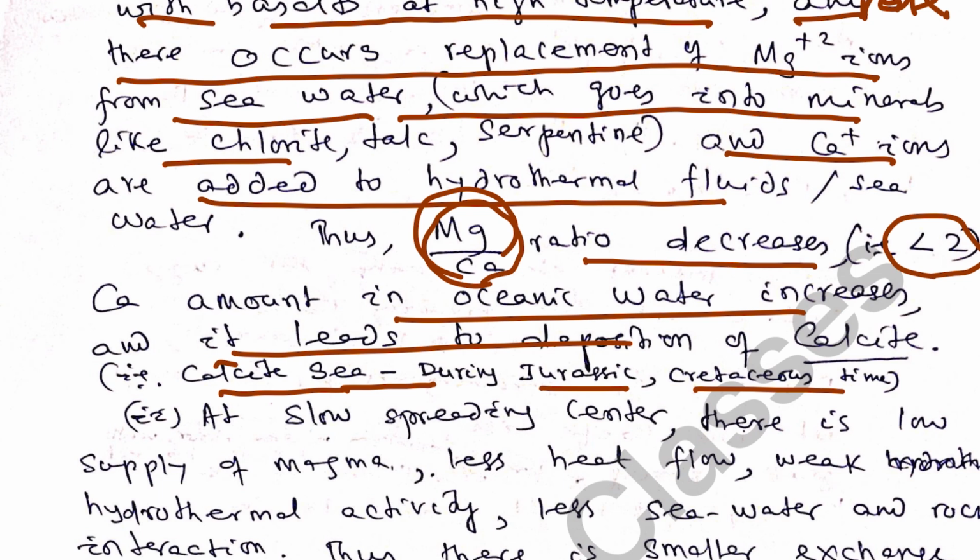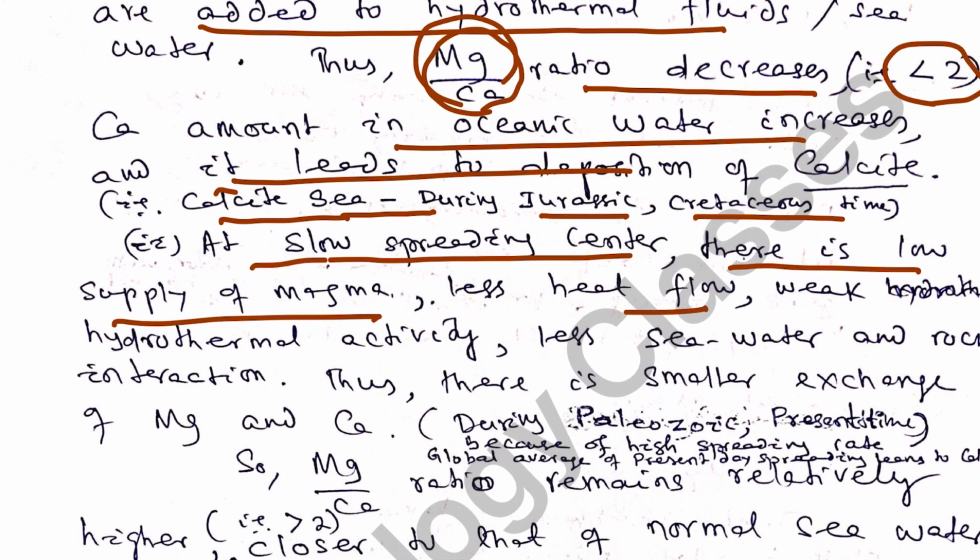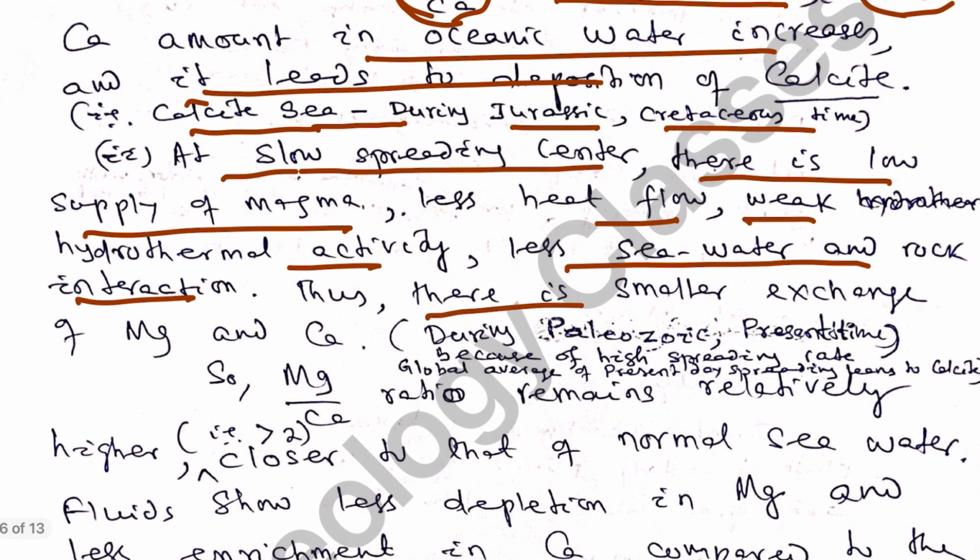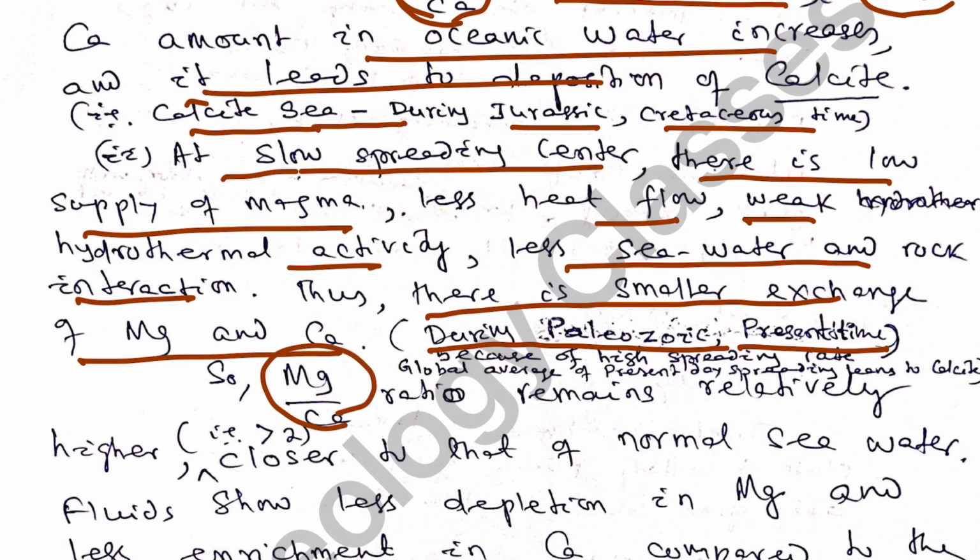Opposite happens in case of the slow spreading ridge. At slow spreading center, there is low supply of magma, less heat flow, weak hydrothermal activity, less seawater and rock interaction. Thus, there is smaller exchange of Mg with Ca, as we find in Paleozoic time and present time. It is producing a high Mg/Ca ratio greater than 2.